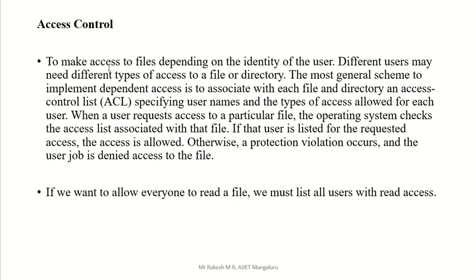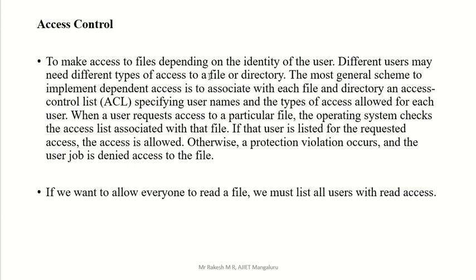Now another matter we are going to see is access control. This is related to protection. Second method, access control. See these lines carefully. To make access to the file depending on the identity of the user. Different users may need different types of access to a file or directory.